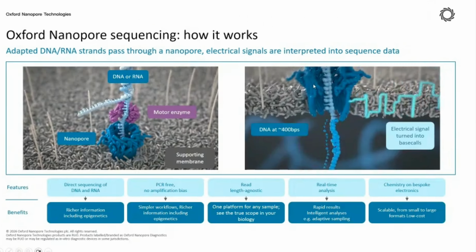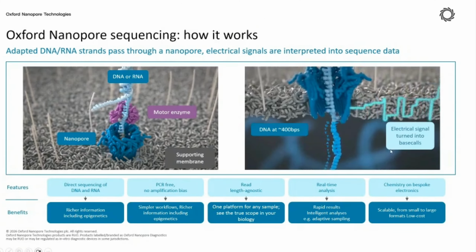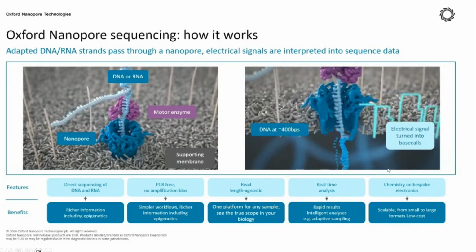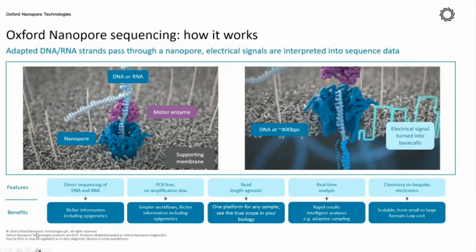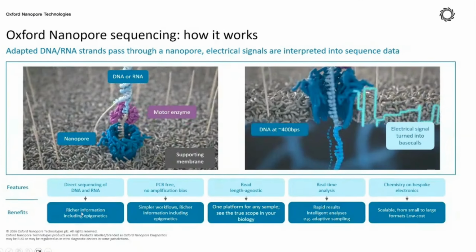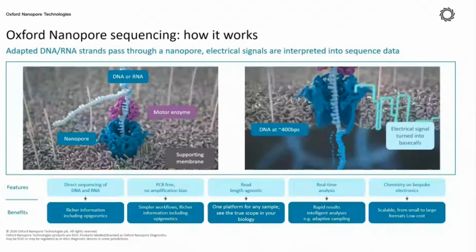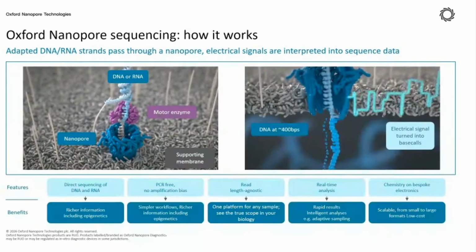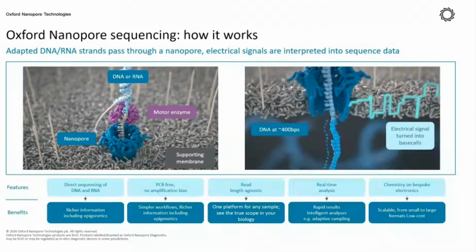While the DNA molecule passes through the pores, the electrical signals will be gathered, and this signal will be turned into base calls by a process called base calling. So the whole process is that we sequence the DNA molecule directly, and because the DNA or RNA molecules are sequenced directly, we do not include the PCR process during the sequencing experiment.